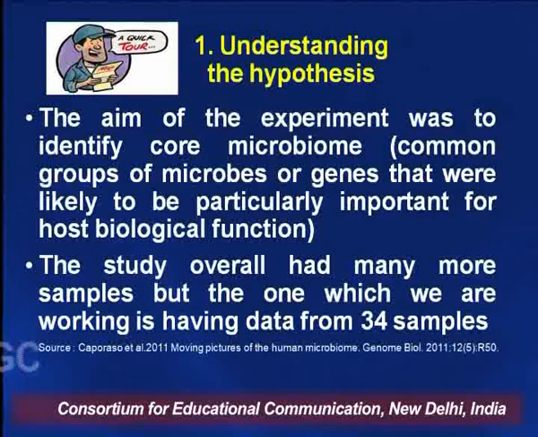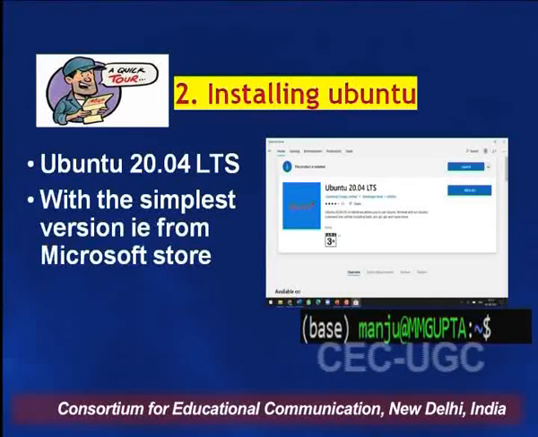I told you already, the aim of this experiment was to identify the core microbiome, that is the common group of microbes or genes that are likely to be important for host function. And it had many samples; I said I took 34 samples.